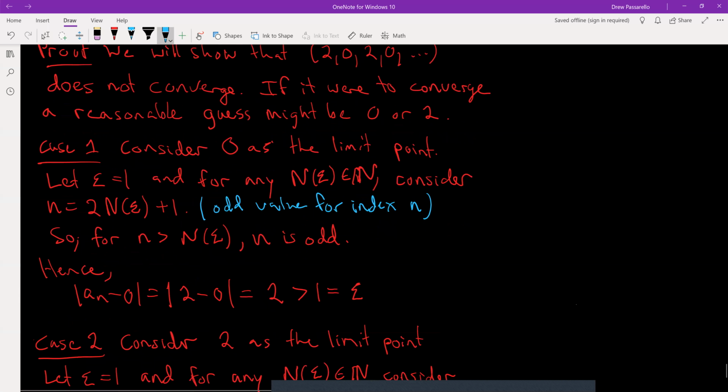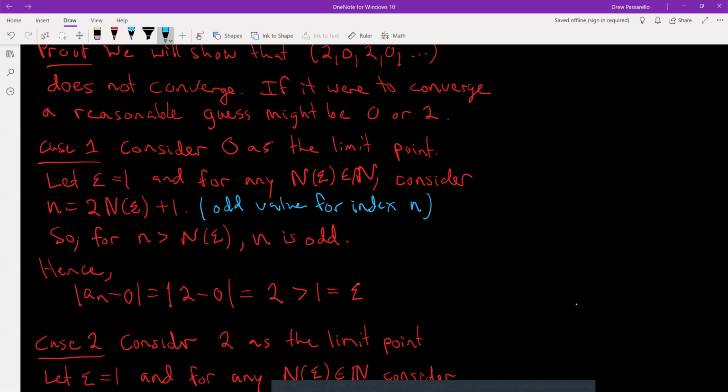So for little n bigger than capital N, where n is odd, we have the absolute value of a_n minus 0, because 0 is the value we're considering as our limit point. We know for the odd index terms, it's 2. So you'd have the absolute value of 2 minus 0, which is equal to 2. And we know 2 is greater than 1, and 1 is the value we chose for epsilon.